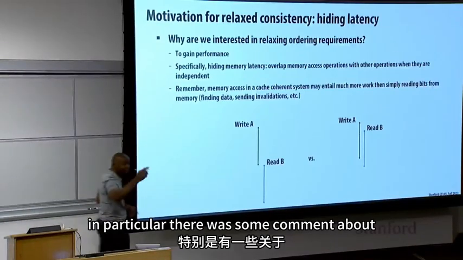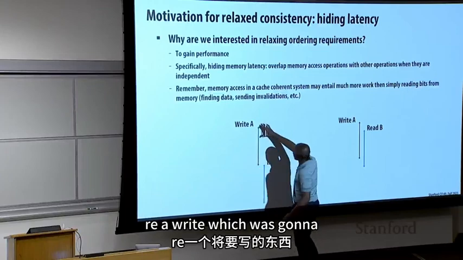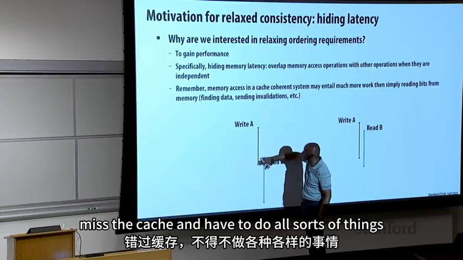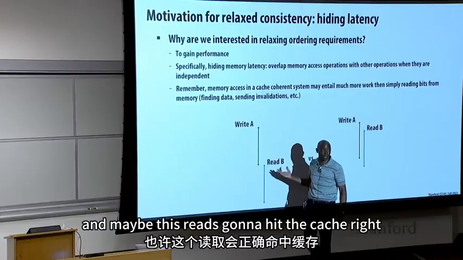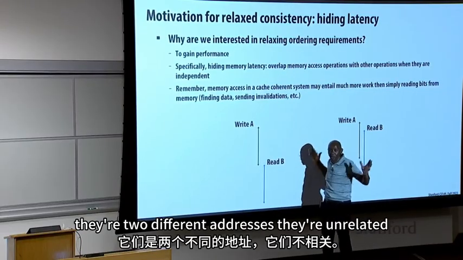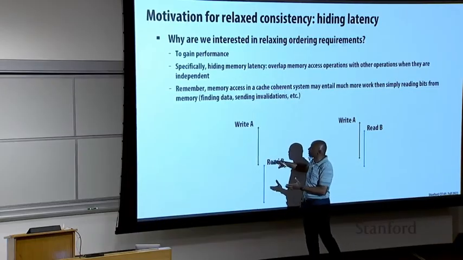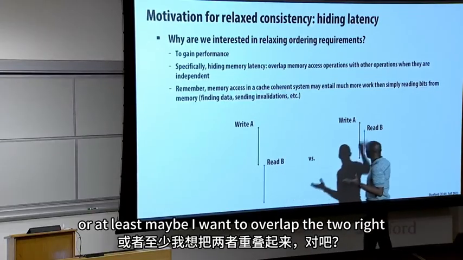In particular, there was some comment about, what if I had a write which was going to miss the cache and have to do all sorts of things? It's going to take a long time. Followed by a read, and maybe this read's going to hit the cache. They're two different addresses, they're unrelated. Why shouldn't I do the read before the write? Or at least maybe I want to overlap the two.